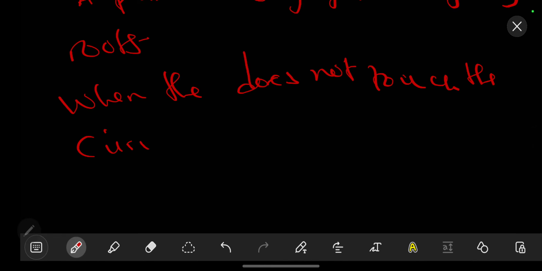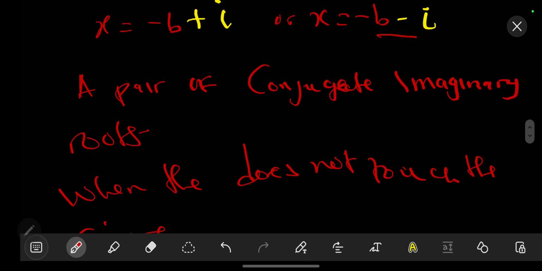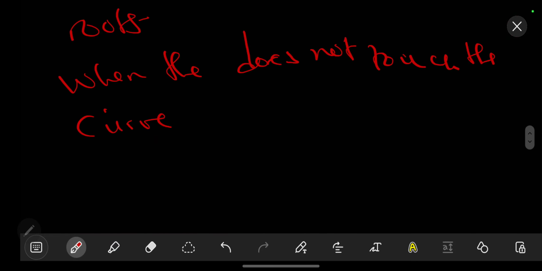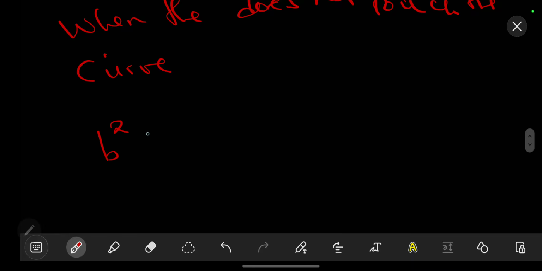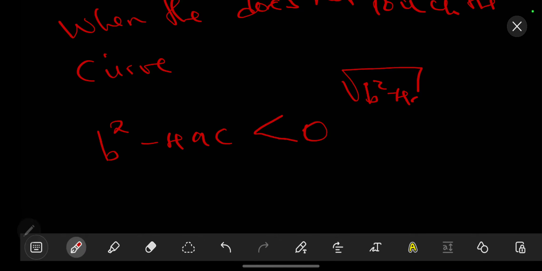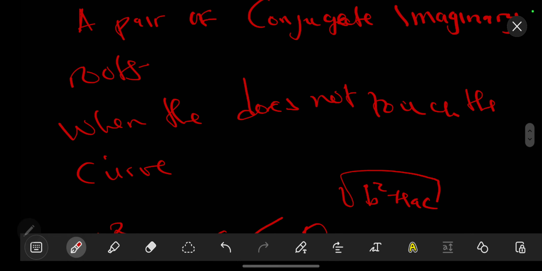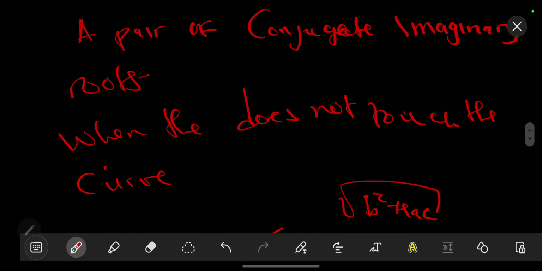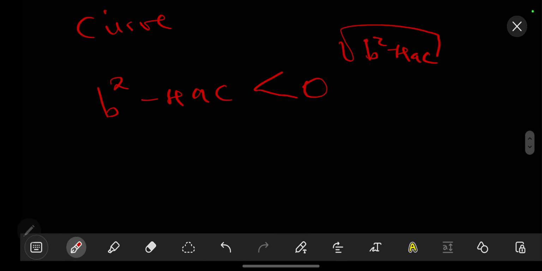So when the line does not touch the curve, then you will have a pair of conjugate imaginary roots. This can be simplified by saying, as long as whatever is in the bracket, your b squared minus 4ac for the quadratic equation, is less than 0, then you are going to have imaginary roots, or in other words, no real roots.